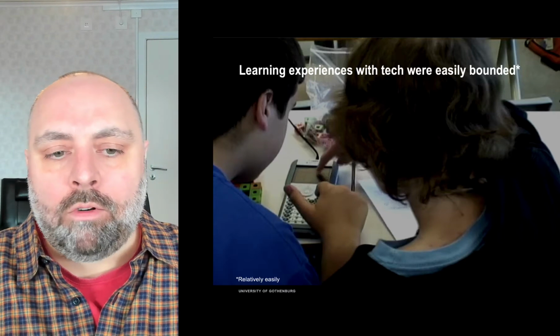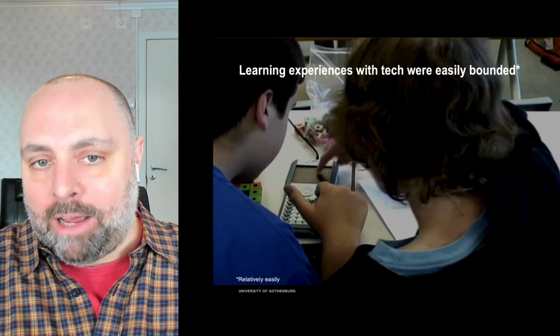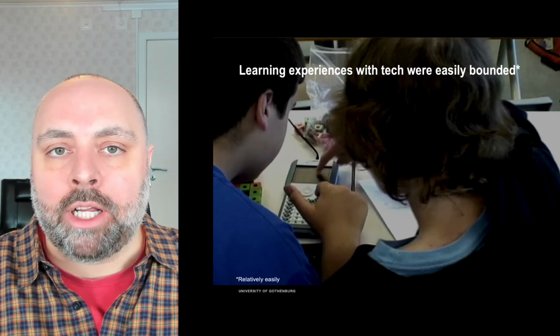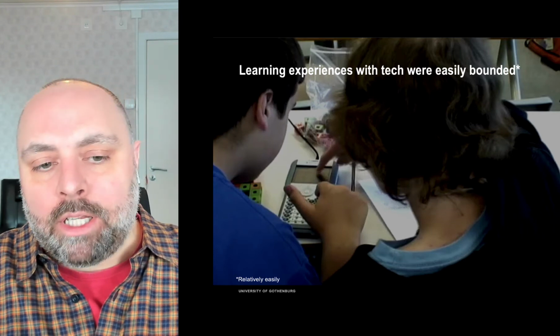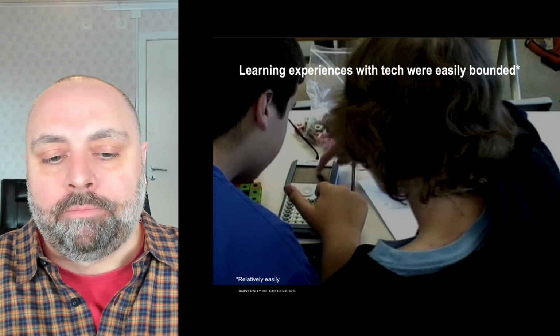And all of that within a relatively small area that's relatively easily bounded. Now, of course, there are more complex ways to look at the materiality of learning, but just at the most surface level, here we can see everything in front of us.